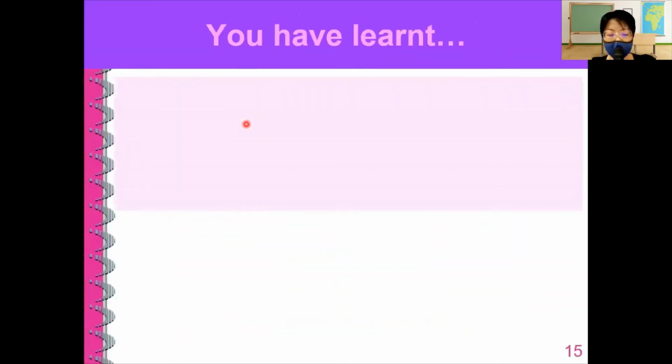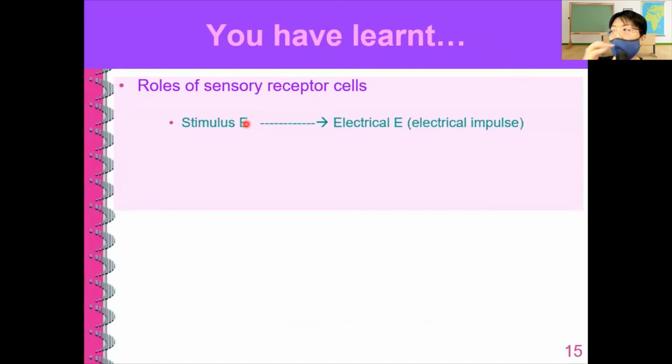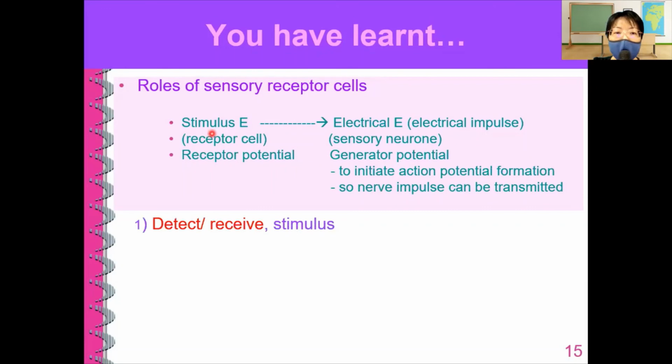So you have learned for today the role of sensory receptor cells. Okay, that means a cell which is a receptor which is able to detect the stimulus, and convert it into electrical energy to be transmitted by sensory neuron.